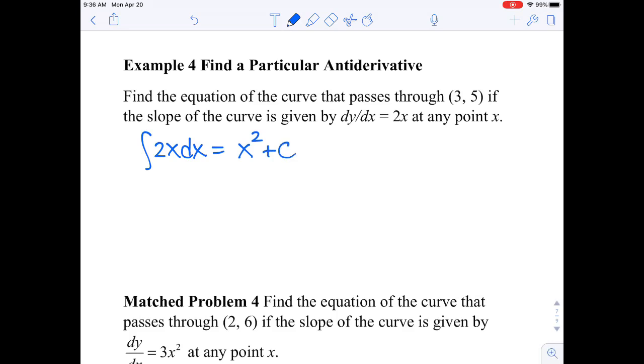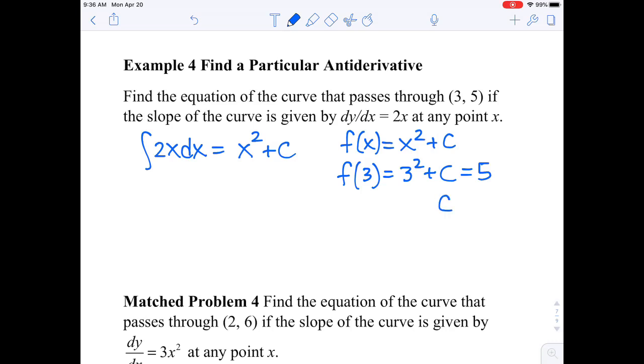So now we have criteria that says that this curve must pass through the point (3, 5). So if I say f of x equals x squared plus c, and I know f at 3 must equal 5, now I can solve for c, and c would equal -4.